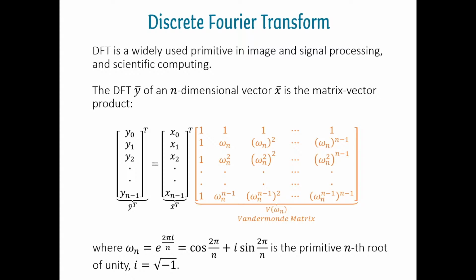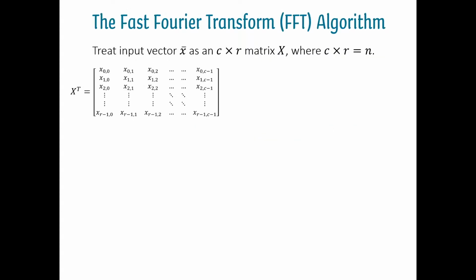So what you do is you have this vector, and you write the vector also as a matrix. It will be an R times C matrix. The entire vector will be written in row-major order in this matrix.